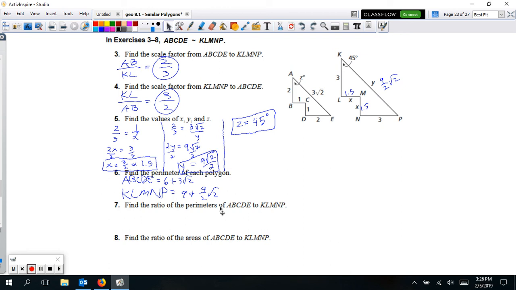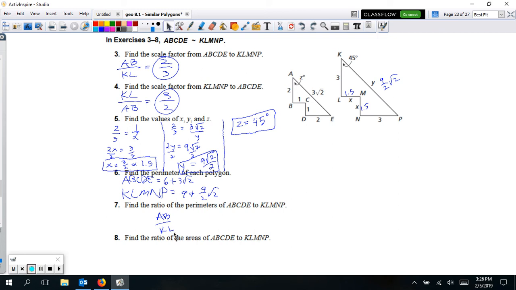Number 7 says find the ratio of the perimeters of the smaller one to the larger one. So we got to go back up to the scale factors. Smaller to larger is the 2/3. So we're going to use 2/3. So I'm going to use the same ones, AB and KL. Now remember that this is the perimeters.